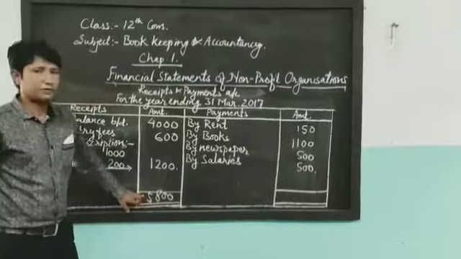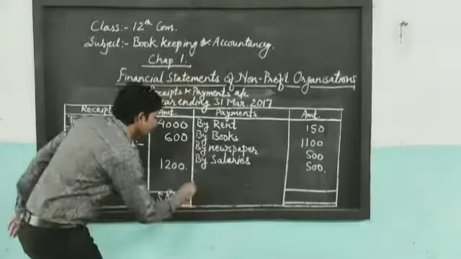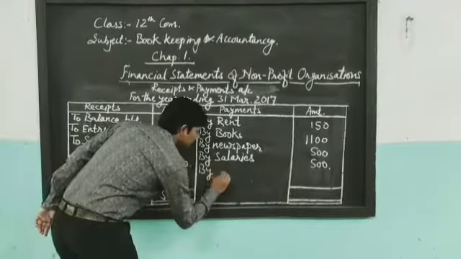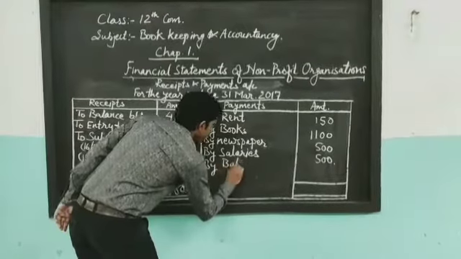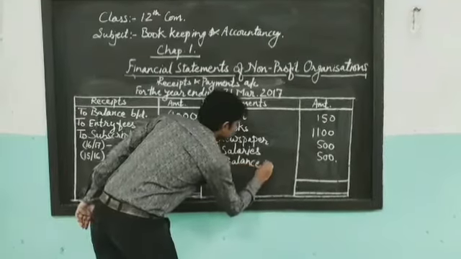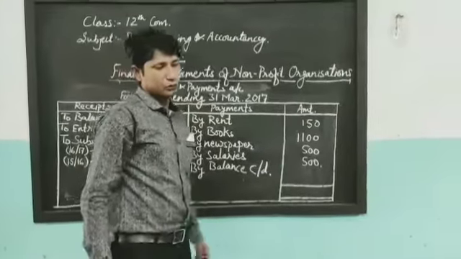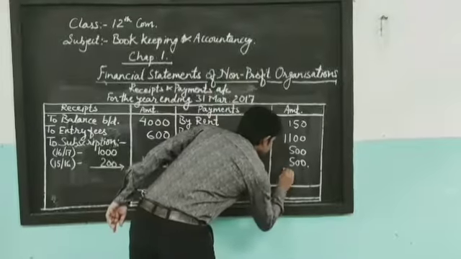If you subtract all these payments, then we will have the balance at the end of the year. That will be written as by balance carried down, which will come to 3,550 rupees.